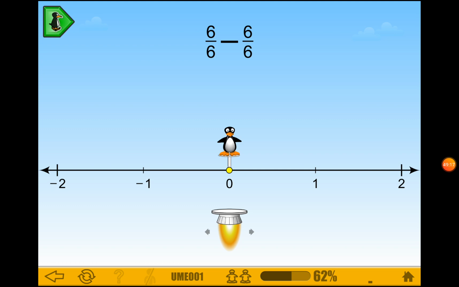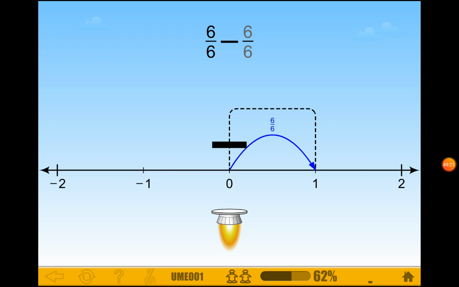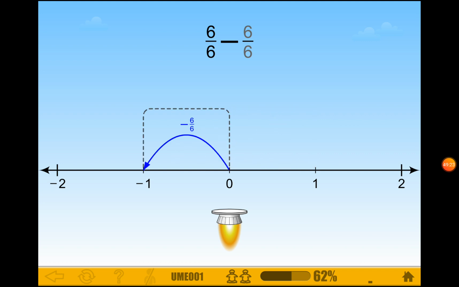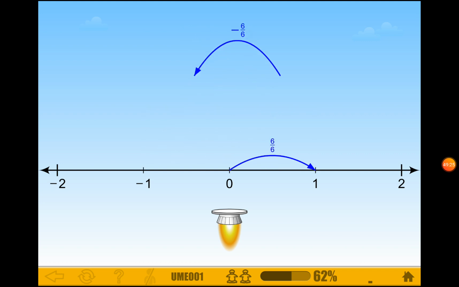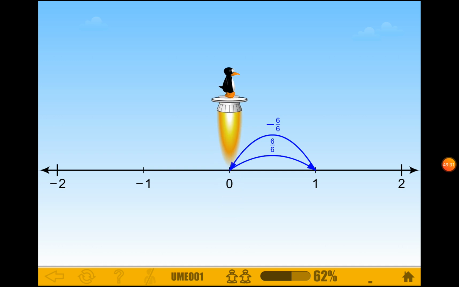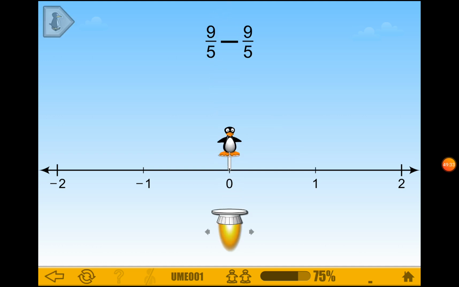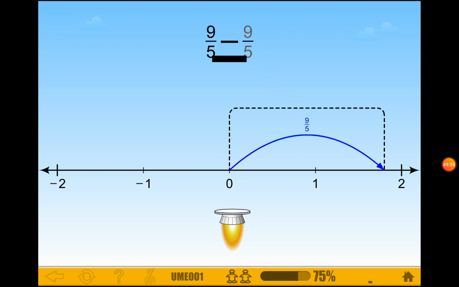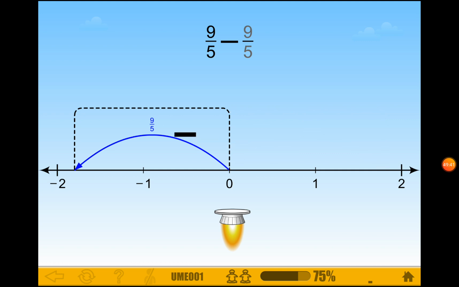There we go, that's pretty good now. It's a little bit over, it's a little behind, but there you go. Yeah, that's pretty good. Okay, so, another 0. Great. 9/5 minus 9/5 is 0.